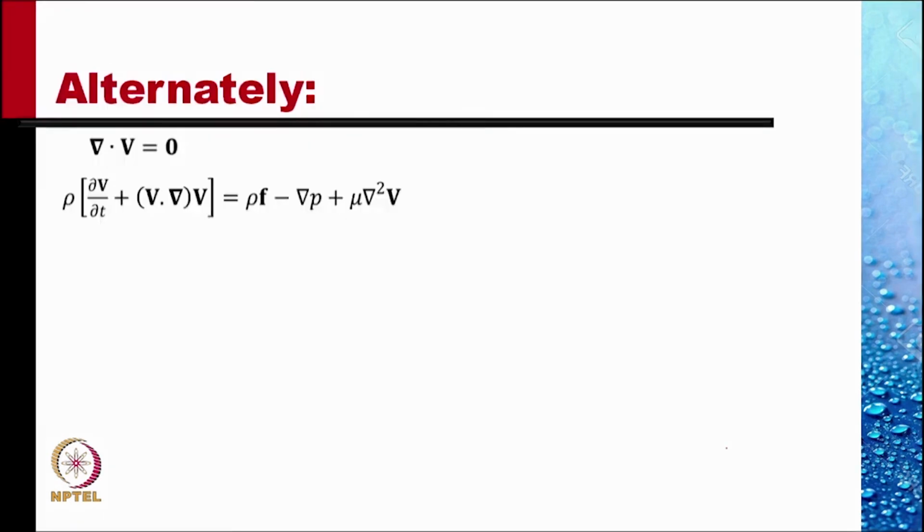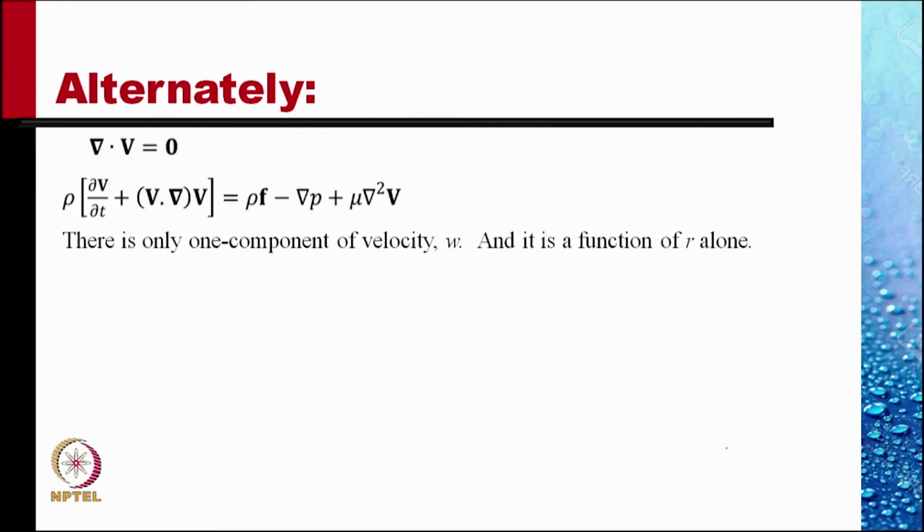This could be obtained alternatively from the Navier-Stokes equation written in the cylindrical polar coordinate. The momentum equation in the cylindrical polar coordinate relevant here is only the z equation, because the only velocity component is w, that is Vz, and it is a function of r alone.